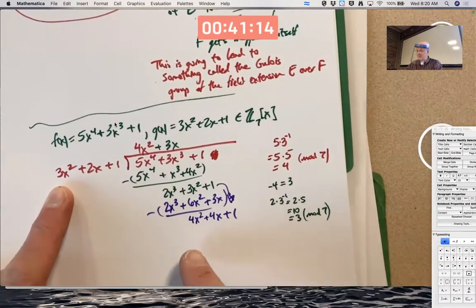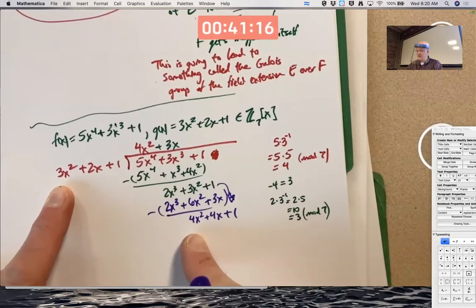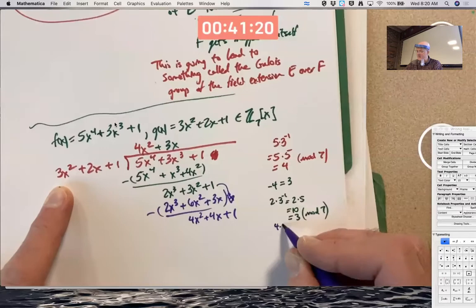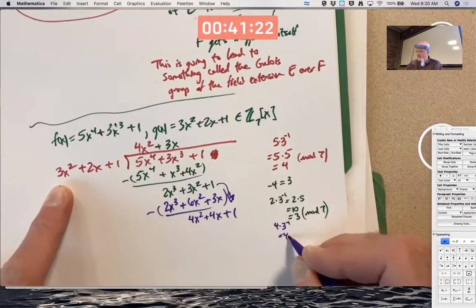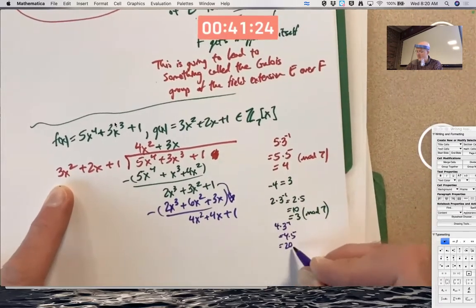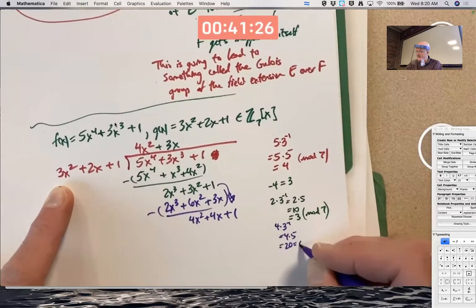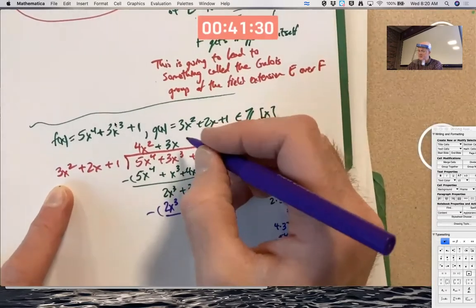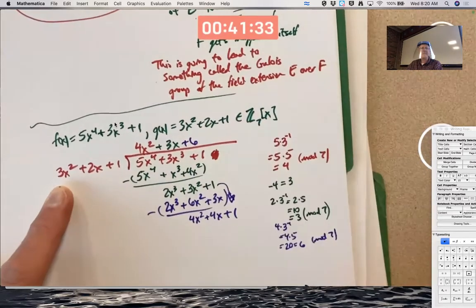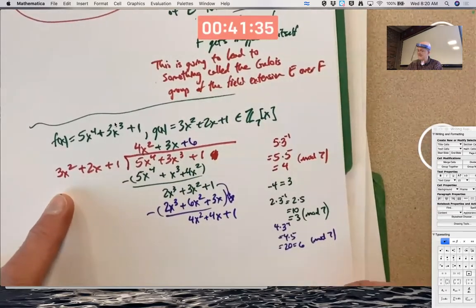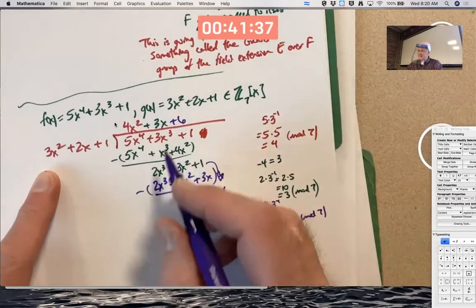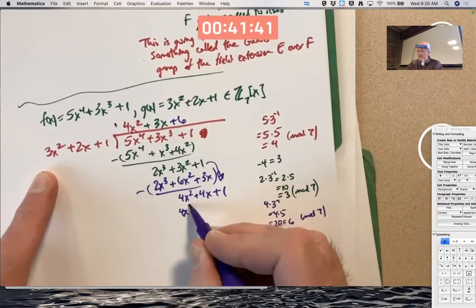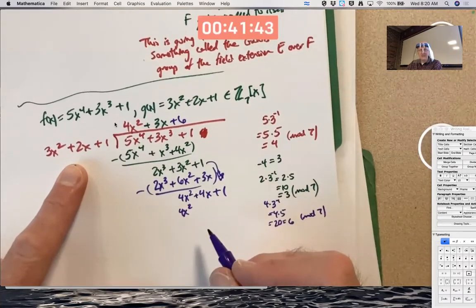What do I have to multiply 3x squared by to get 4x squared? A constant. It would be 4 times 3 to the -1, 4 times 5, 20, or that would be 6 mod 7. Looks like we should get a plus 6 here. 6 times 3 is 18. 18 mod 7 is 4. 6 times 2x would be 12x.